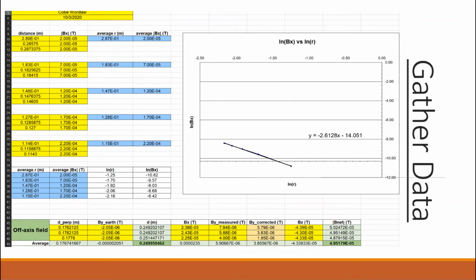Then we wanted to repeat this for 3 more BX values, which was 7 to the negative 5, 1.2 to the negative 4, 1.7 to the negative 4, and 2.2 to the negative 4. Once we got the average distance for all of those, we were able to graph our ln BX versus our ln of R.